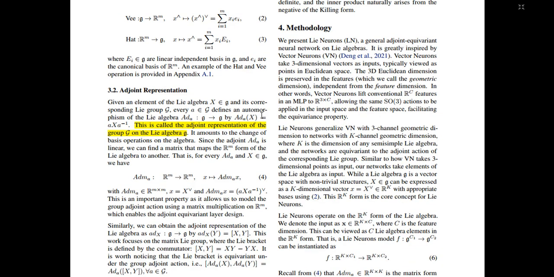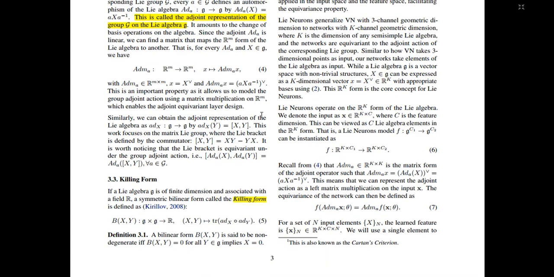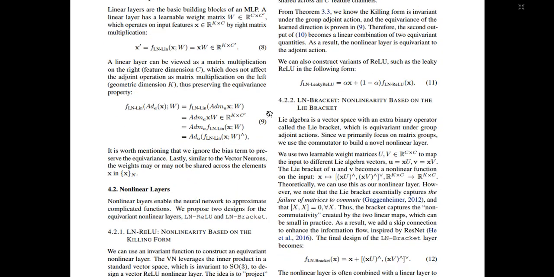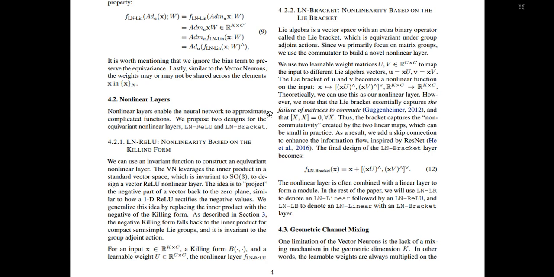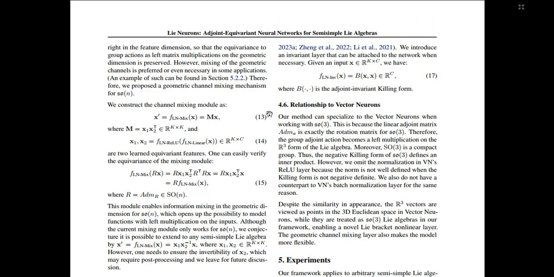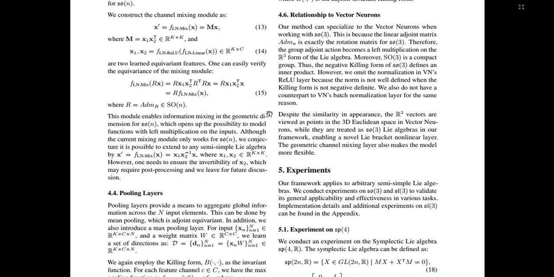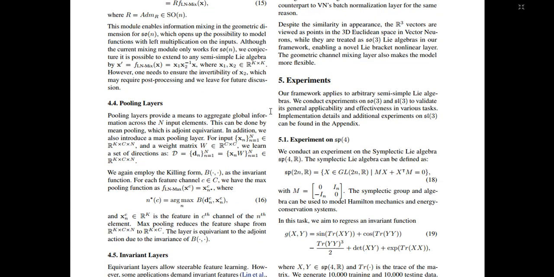Using these concepts, we create some layers and we train a Lie neuron or Lie neural network, for which we can define different activation functions and so on. Again, here we are taking concepts from Lie algebra and we are adding something trainable in the process.